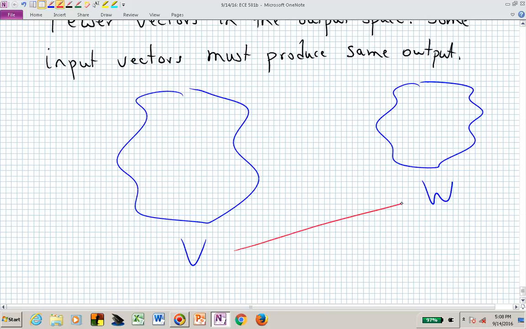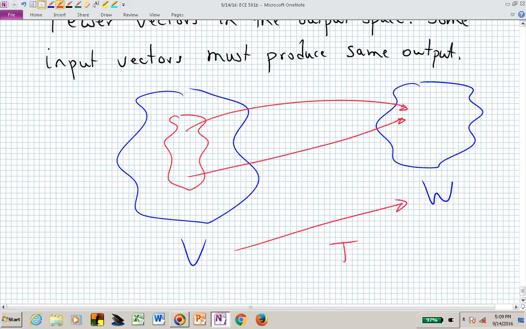And we're now going between V and W with this linear map T. We are now saying that there may be, or there will be, this collection of vectors that go to the additive identity in our output vector space, which now allows us to create many different input vectors going to the same output vector in W. Here, the dimension of W is small versus the dimension of V is big.